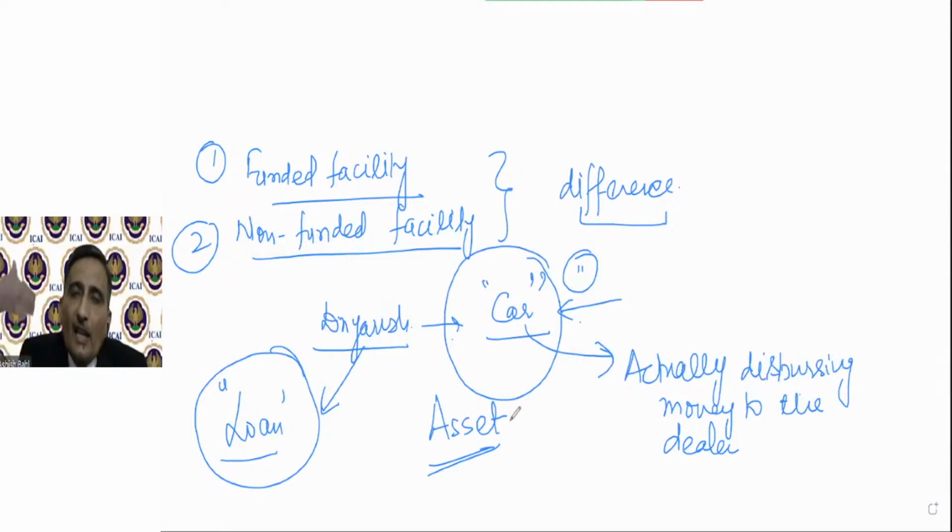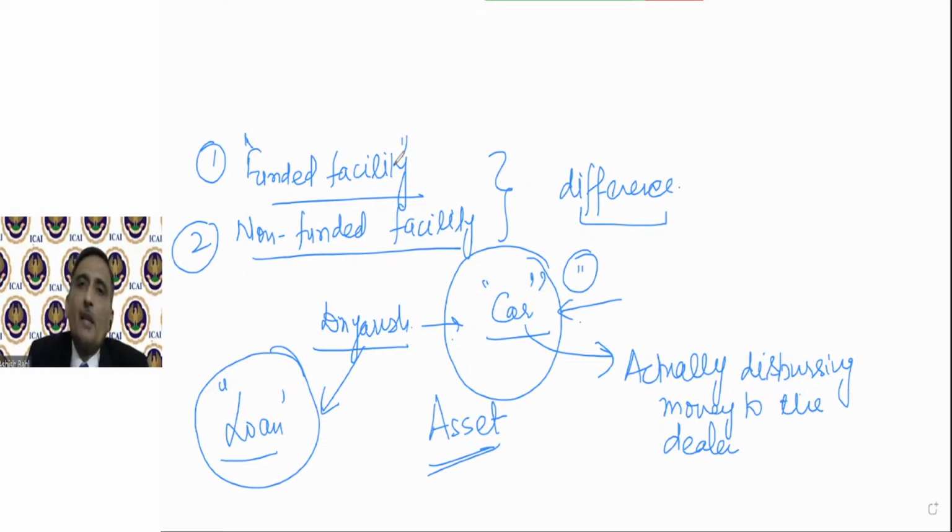It is not contingent. The bank has paid money to the dealer from whom the car is going to be purchased, and this constitutes an asset for the bank, which somebody who has taken a loan has to pay back along with interest. It's as simple as that. So it is funded facility.